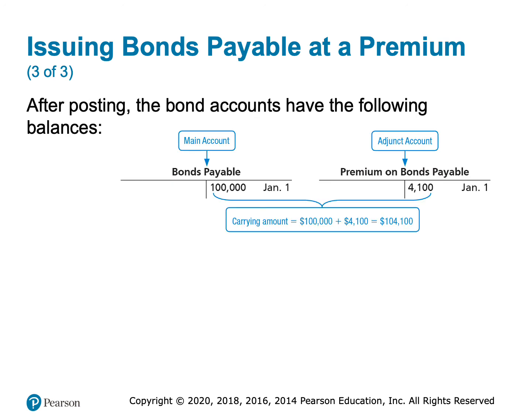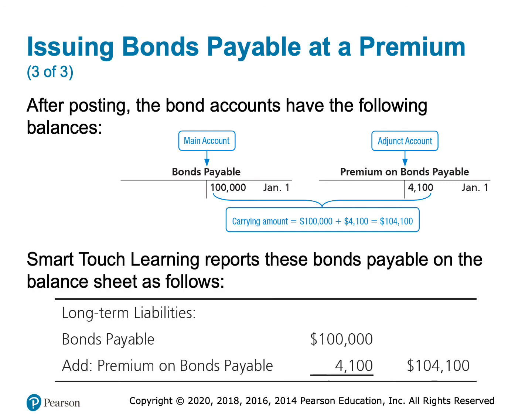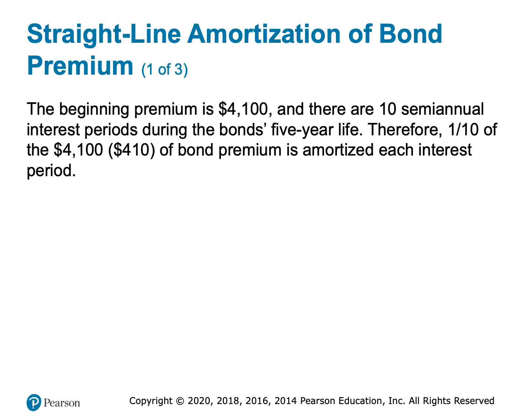So again, the adjunct account is increasing the carrying value. So on the balance sheet, we're going to add the adjunct account. So the premium is, the carrying value is more than the principal, more than the face value of the bond. Now, just like we amortize the discount, we're going to amortize the premium in the same manner.